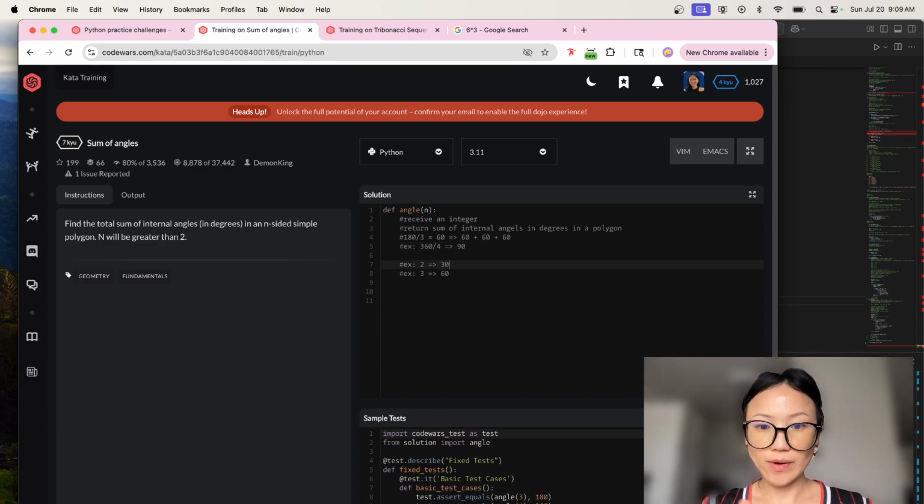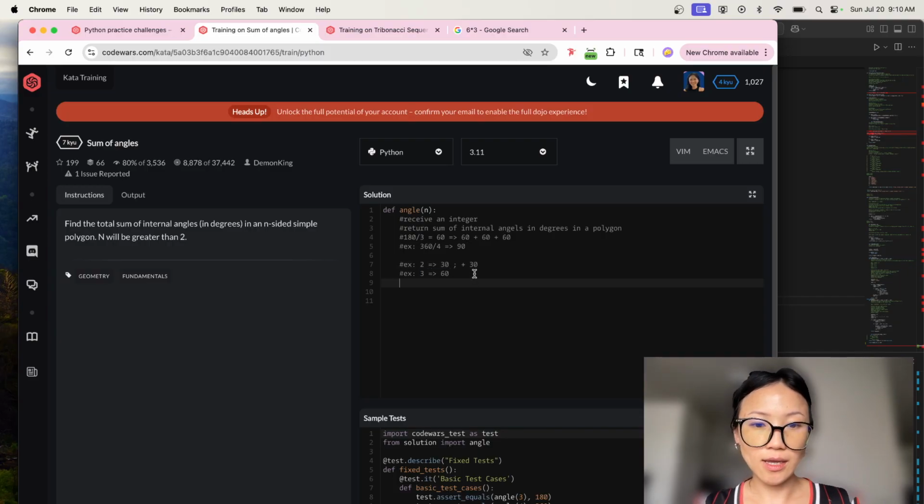30, and we're going to add another 30, which gets us to 60. 30 plus 30 is equal to 60.